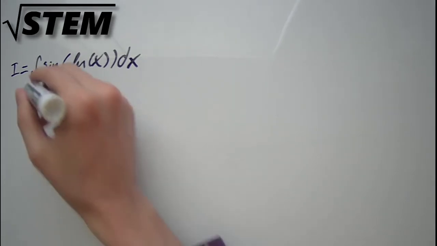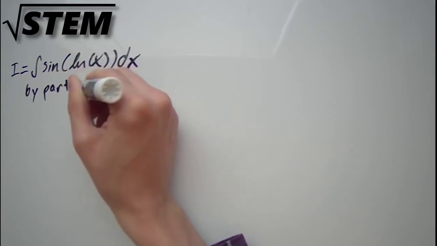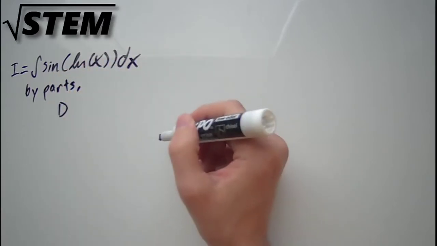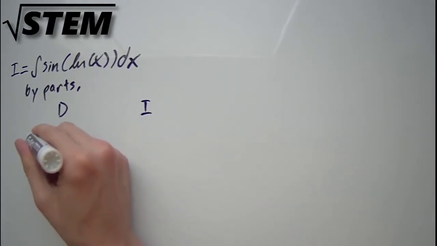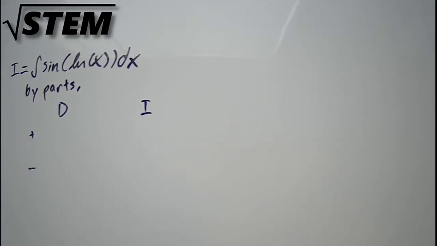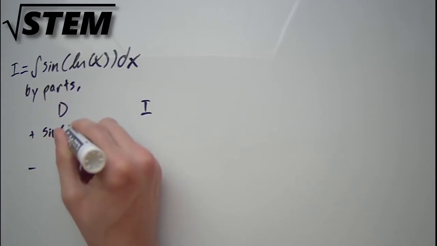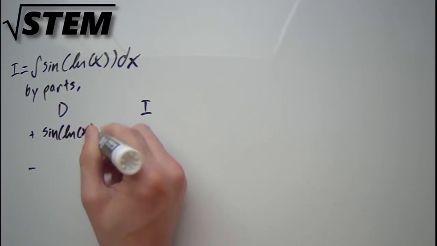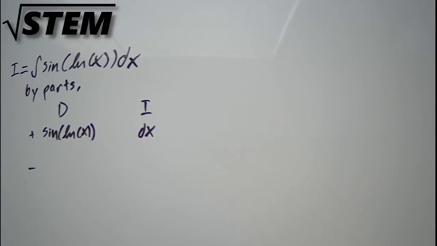So if we want to do this by parts, we need a piece to differentiate and a piece to integrate. So let's differentiate sine of the natural log of x, and we'll integrate dx.